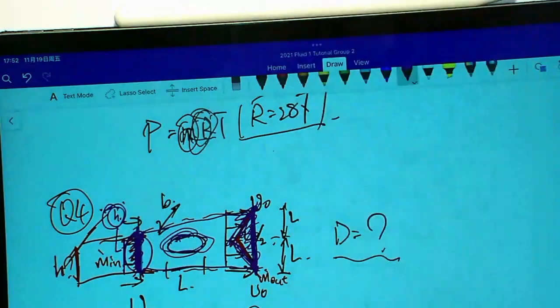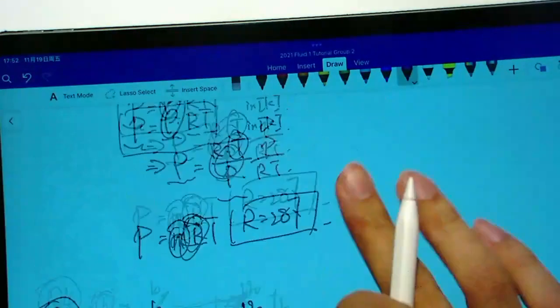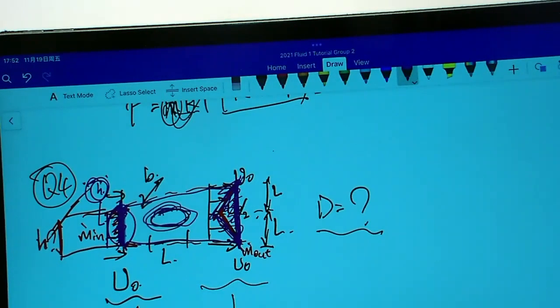So I've got a question about how to find the back one. So the inlet force is equal to H times L times rho times U. Yeah, that is the mass flow rate. You also need to multiply by another U to get the momentum.